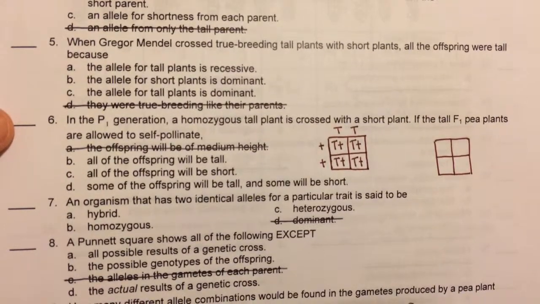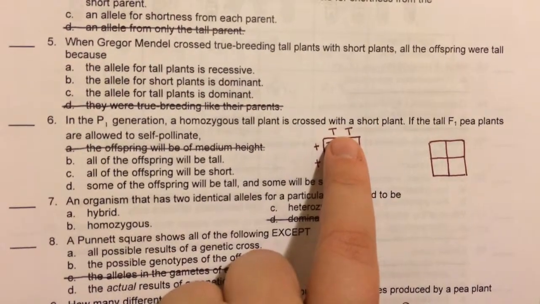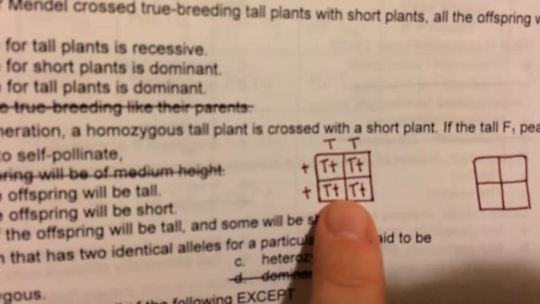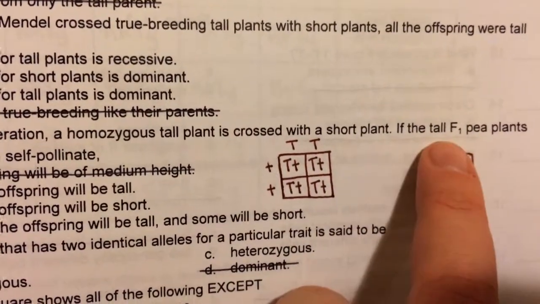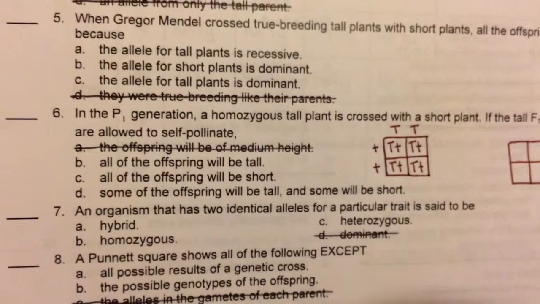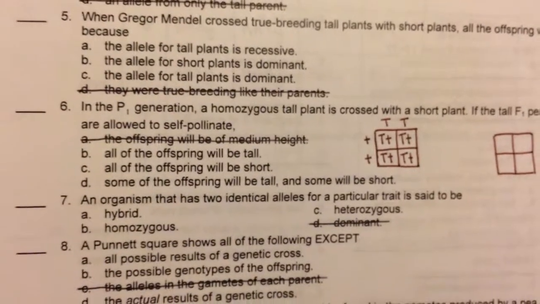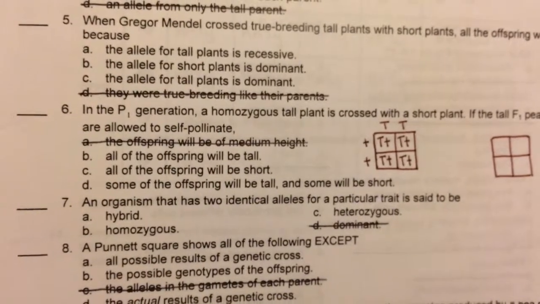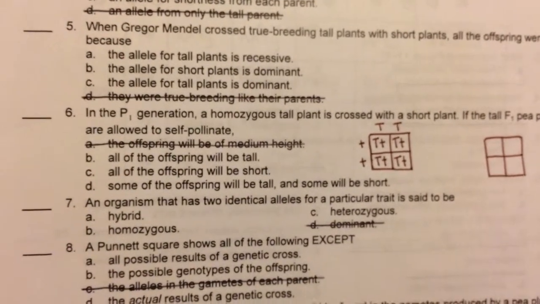If the F1 plants are allowed to self-pollinate, so in other words, a homozygous tall plant crosses with a short plant and it makes each of these, and now those are allowed to cross-pollinate, so you have 2 of these cross-pollinating, B, all of the offspring will be tall, C, all of the offspring will be short, or D, some of the offspring will be tall and some will be short.